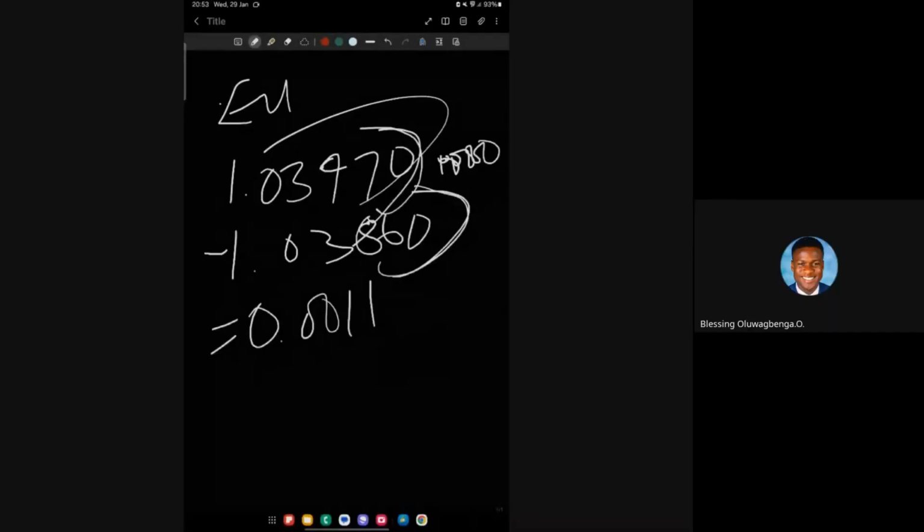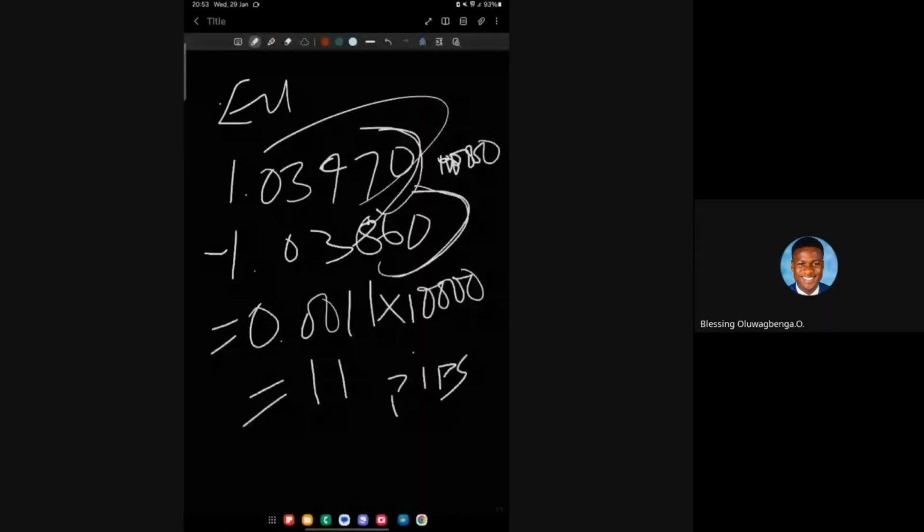Then we use the figure that we rounded off after the decimal to multiply it times 10,000. So there we'll have 11. That 11 is the pips.